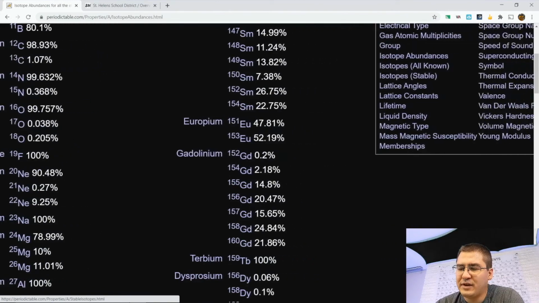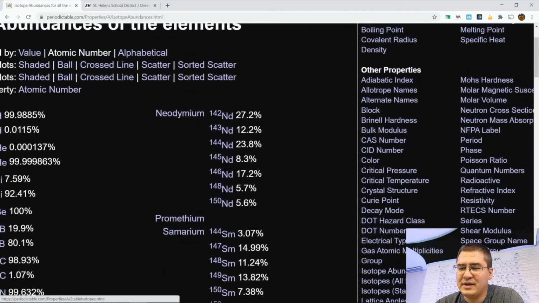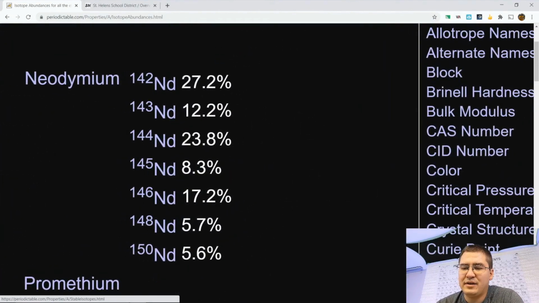We can look over. Ooh, let's get to neodymium. Neodymium has 1, 2, 3, 4, 5, 6, 7 stable isotopes, right? So imagine calculating the relative atomic mass for neodymium would be a lot of multiplying and adding.